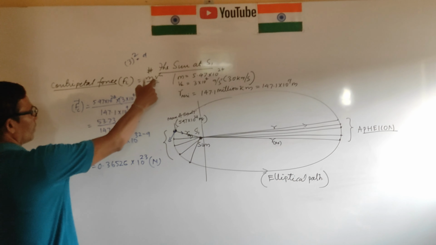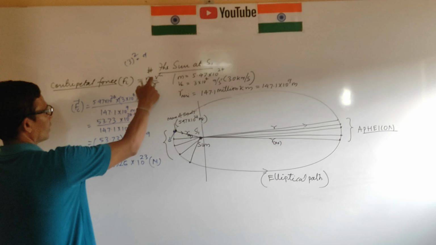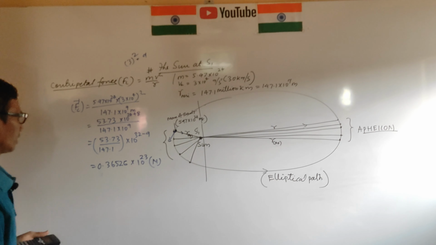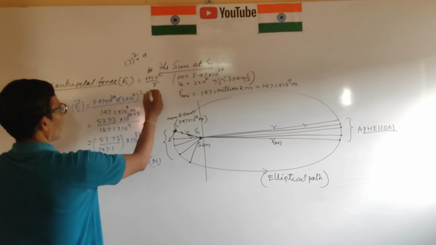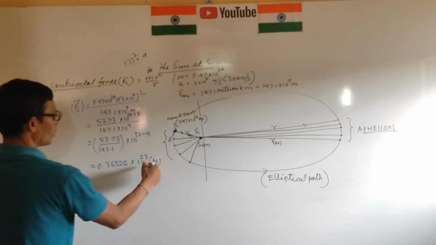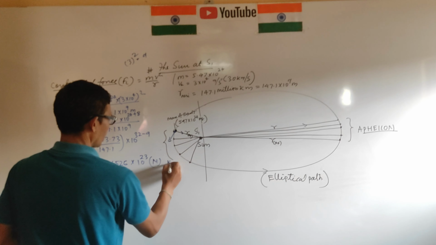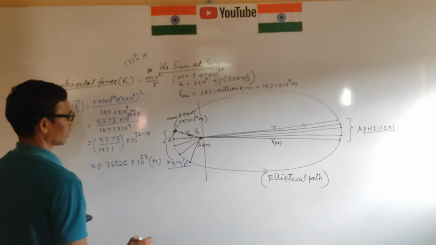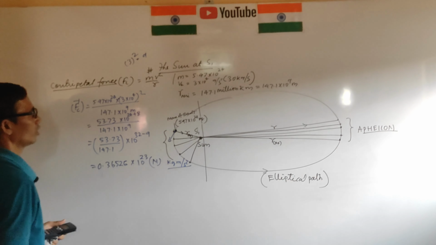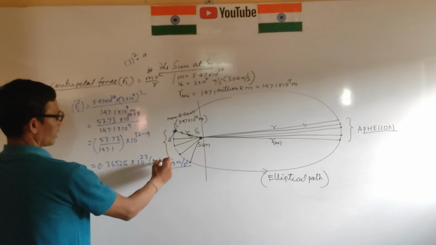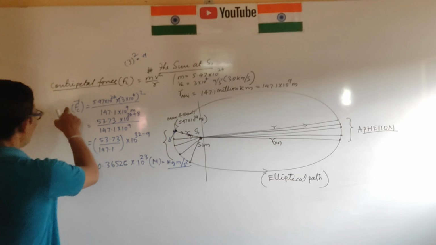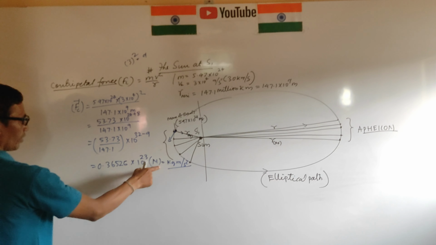When we put the value like this, kilometer meter per second, 1 Newton is kilometer meter per second square, so you can say this is the same unit for force. Here is force, the Newton is here.